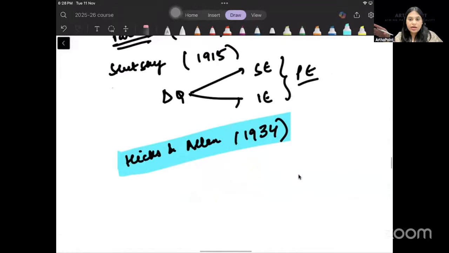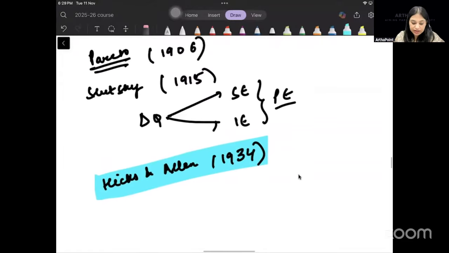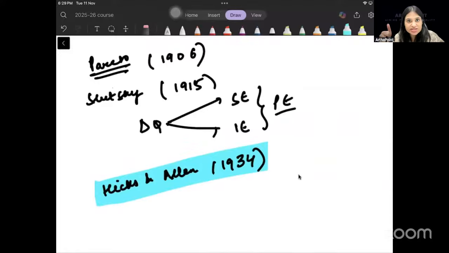Hicks and Allen developed modern indifference curve analysis in a book they wrote, A Reconsideration of the Theory of Value. In this they introduced the ordinal concept formally. They introduced the substitution and income effect formally. They introduced the concept of ranking bundles formally.